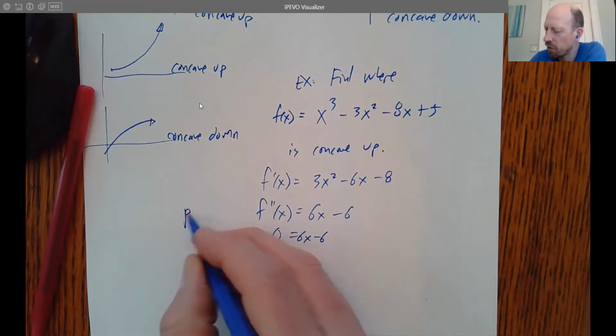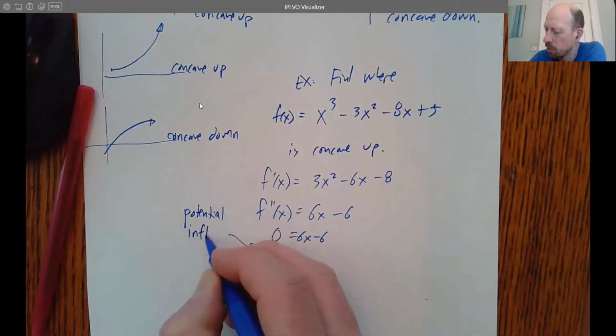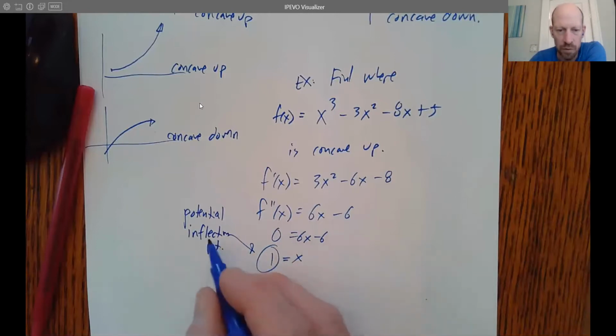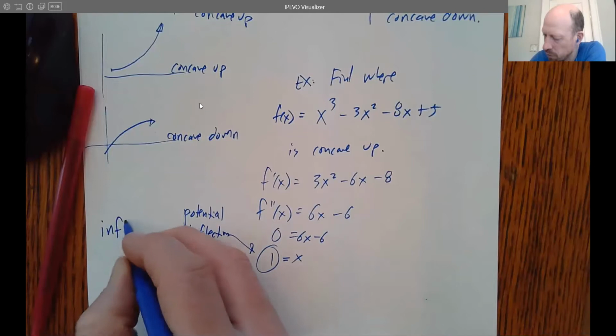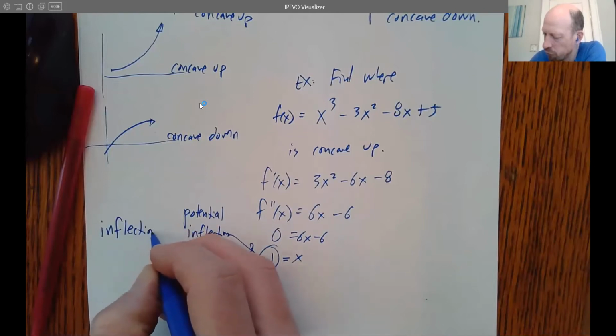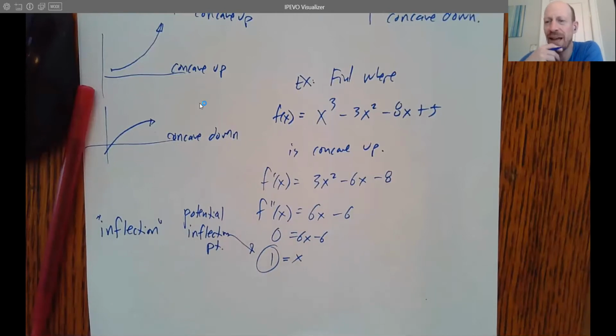What this is called is a potential inflection point. I should have written that out more clearly. So an inflection point is where the concavity changes from either positive to negative or negative to positive, right?